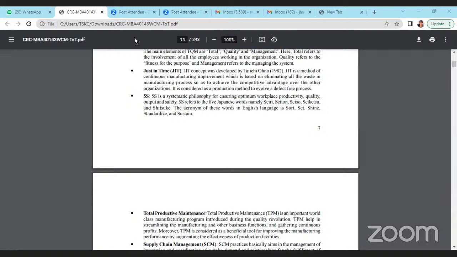Next, we have 5S, a systematic philosophy for ensuring optimum workplace productivity. That is quality. 5S comes from Japan: Seiri, Seiton, Seiso, Seiketsu, and Shitsuke, which mean sort, set, shine, standardize, and sustain. Sort, set, shine, standardize is okay, but sustaining is the more challenging thing.